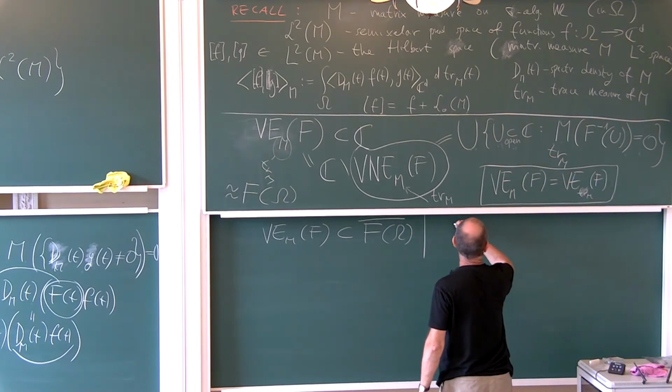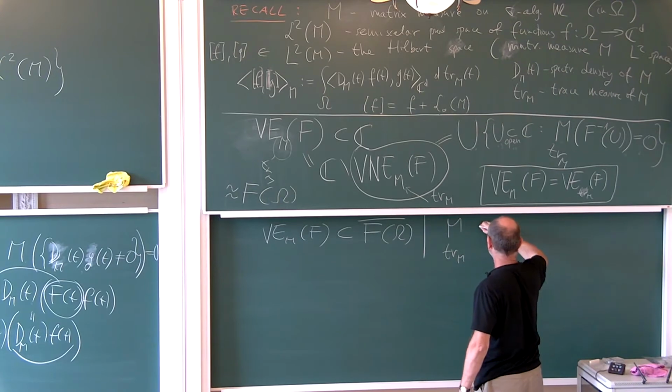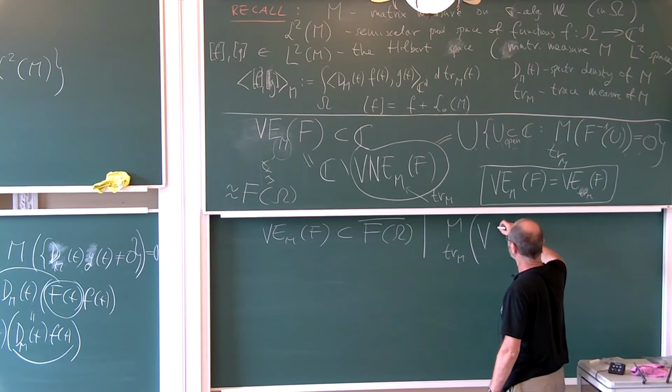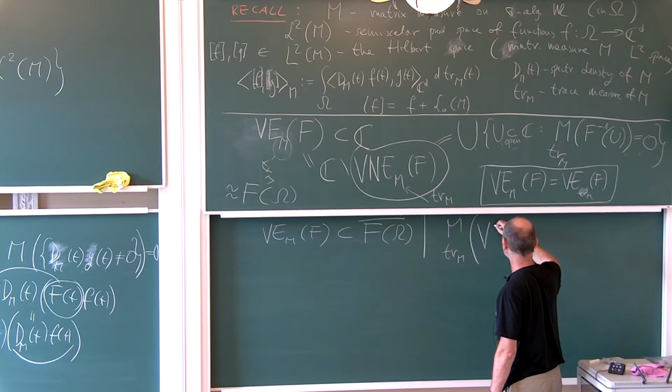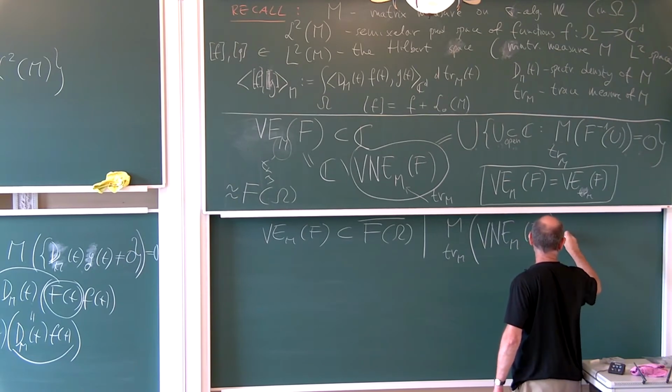So the measure M or trace M of this set of non-essential values is also 0.